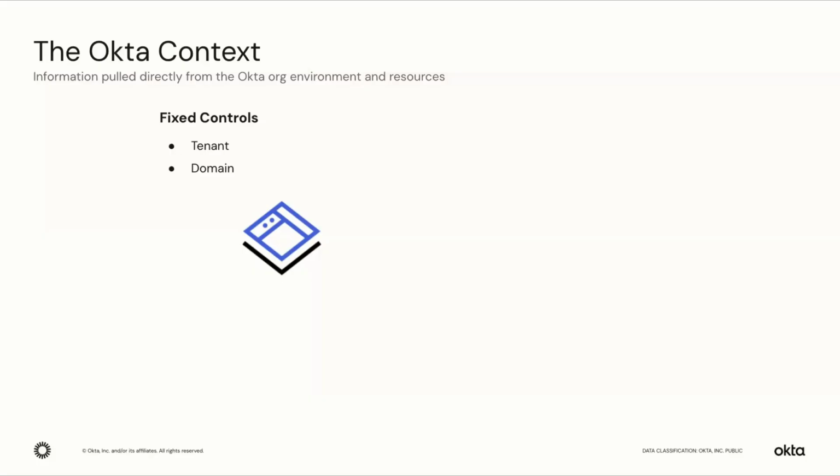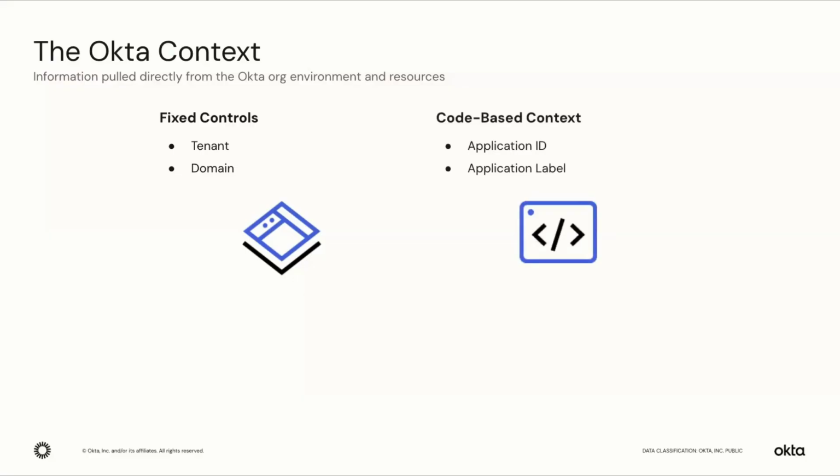They can be used to help style the sign-in experience to make it cater directly to the specific Okta org. The second type is what we call a code-based context. These are a little bit more dynamic. They are still coming from the Okta tenant. However, in this example, we're referencing the application ID and application label.